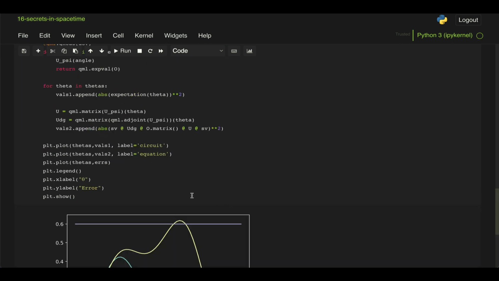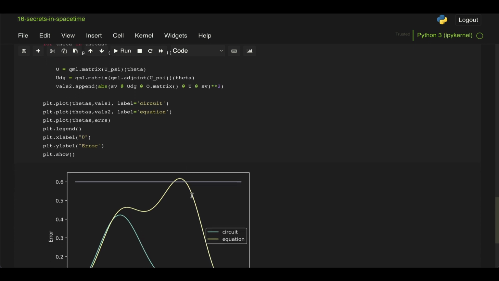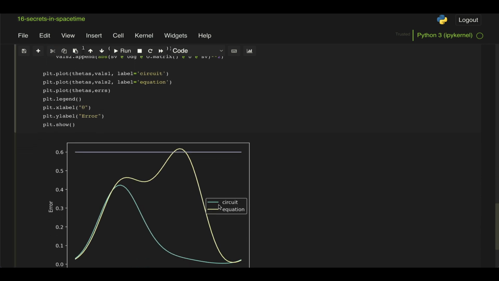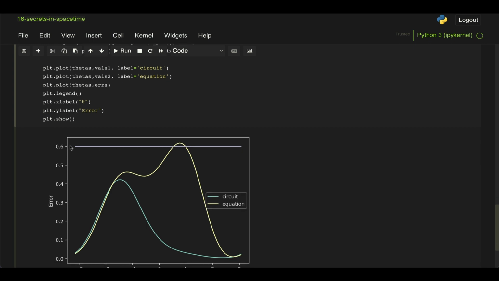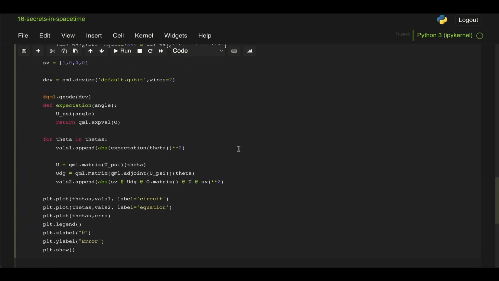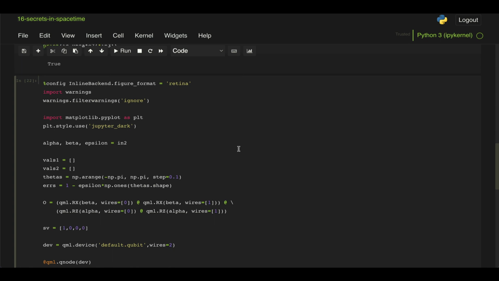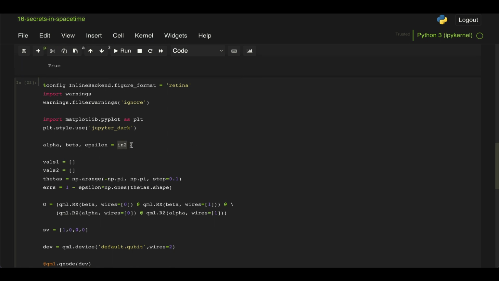So here I'm doing exactly the same I did before, but I'm just plotting what we would get for the circuit and what we get with this equation that gave us the correct answer. And then here I'm drawing the value of epsilon. So this is for that input 2. So here you can see I'm using input 2.